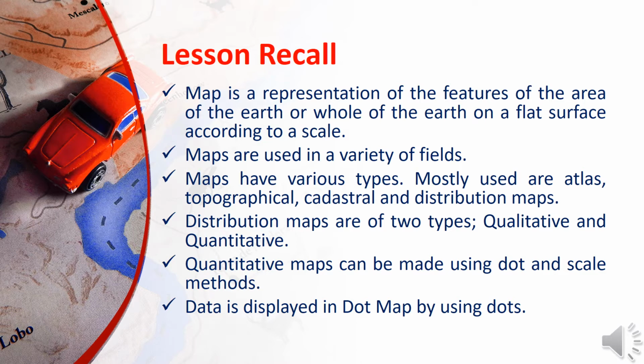Mostly used are atlas, topographical, cadastral, and distribution maps. Distribution maps are of two types: qualitative and quantitative. Quantitative maps can be made using dot and scale methods. Data is displayed in a dot map by using dots.